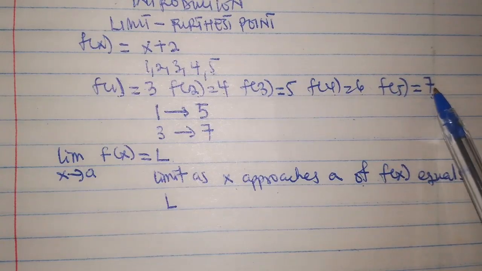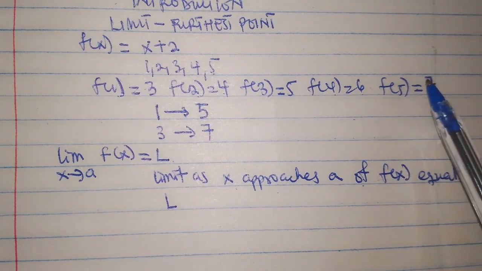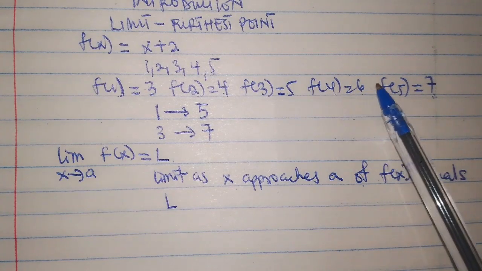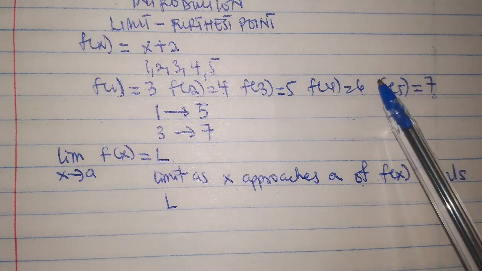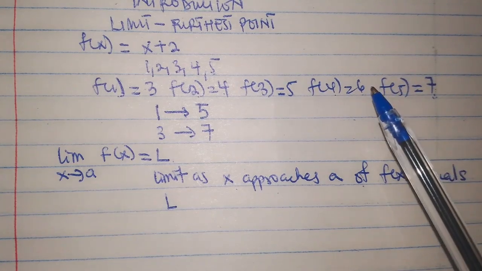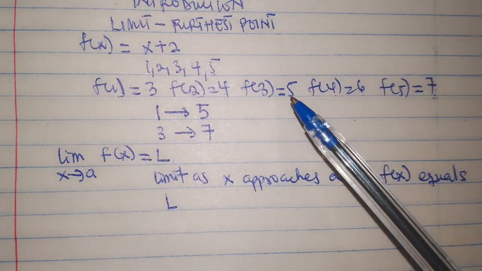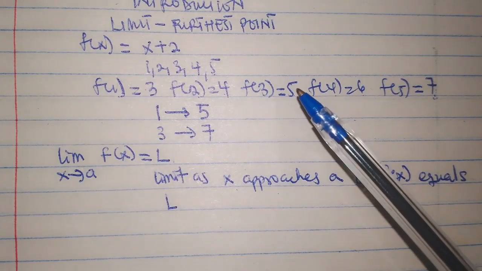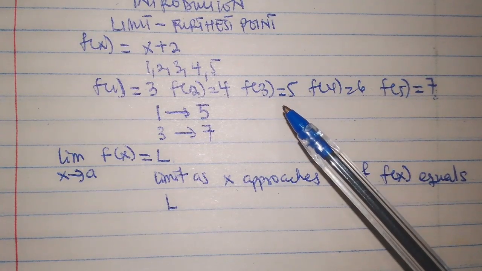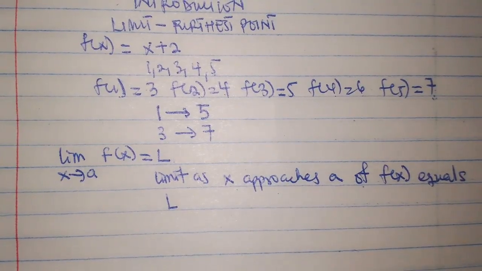The difference between 7 and 5 is 2. The difference between 7 and 6 is 1. You can see as x approaches a, the values are increasing.